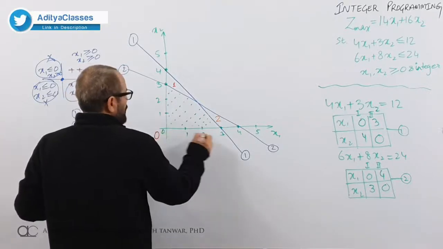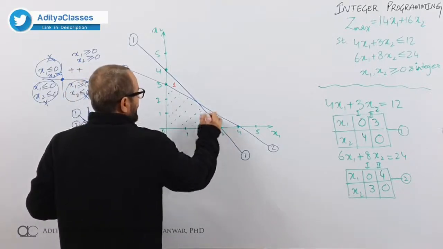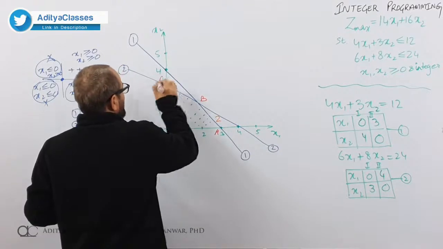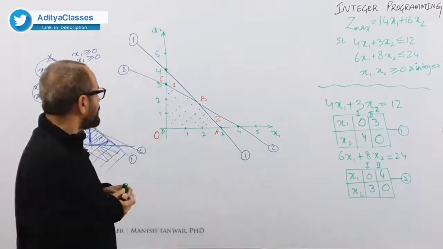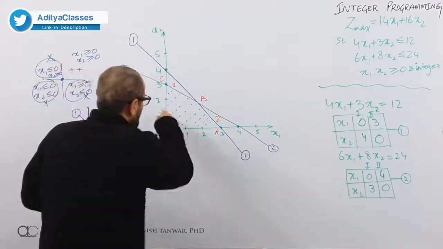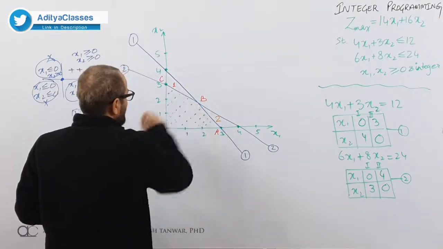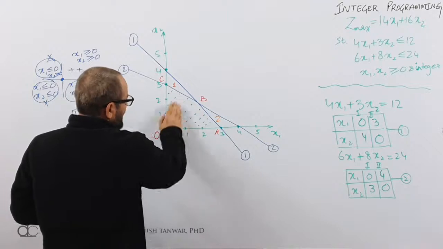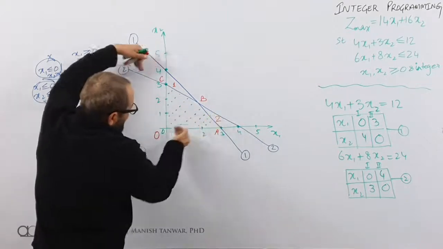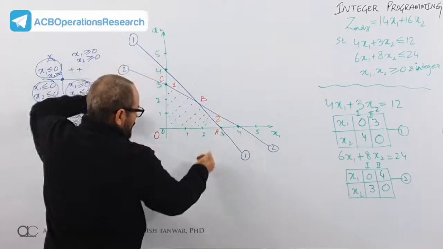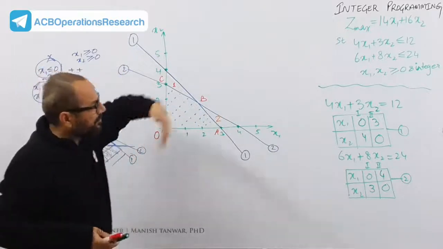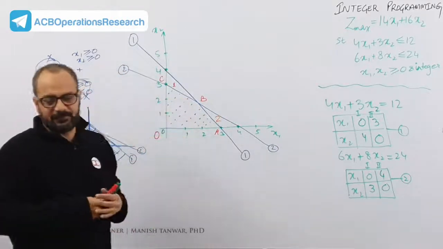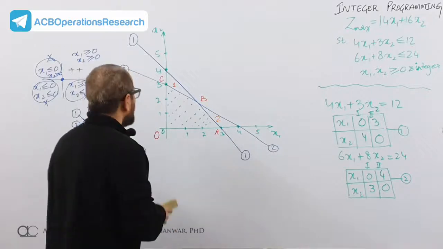This is O. Let this be A, B and C. So the corner points of my feasible area are O, A, B and C. Why is this feasible? Because 1 is accepting this as feasible, and 2 is also accepting this as feasible. So all my constraints are accepting this as the feasible area.